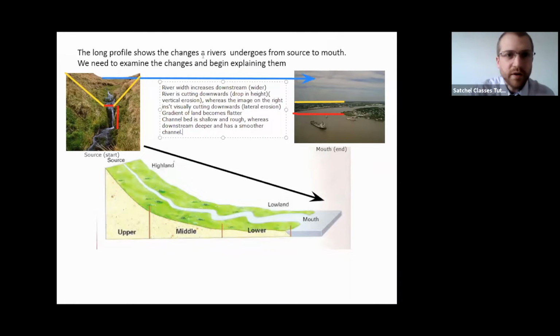So far, what we've noticed, and I'll just see if I can highlight these, is that the width increases. We can also see that the land becomes flatter.